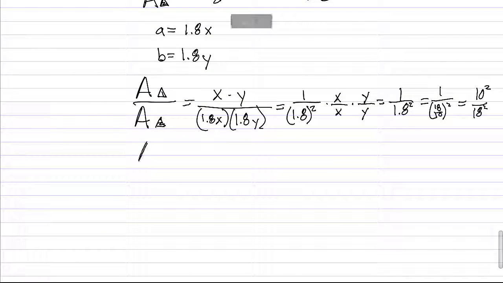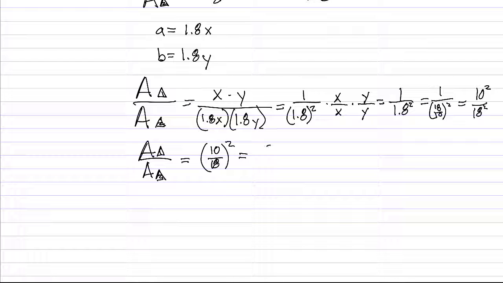To simplify a little bit further, because we have some common factors, 10 over 18 squared equals 2 times 5 over 2 times 9 squared, equals 5 over 9 squared, equals 25 over 81.